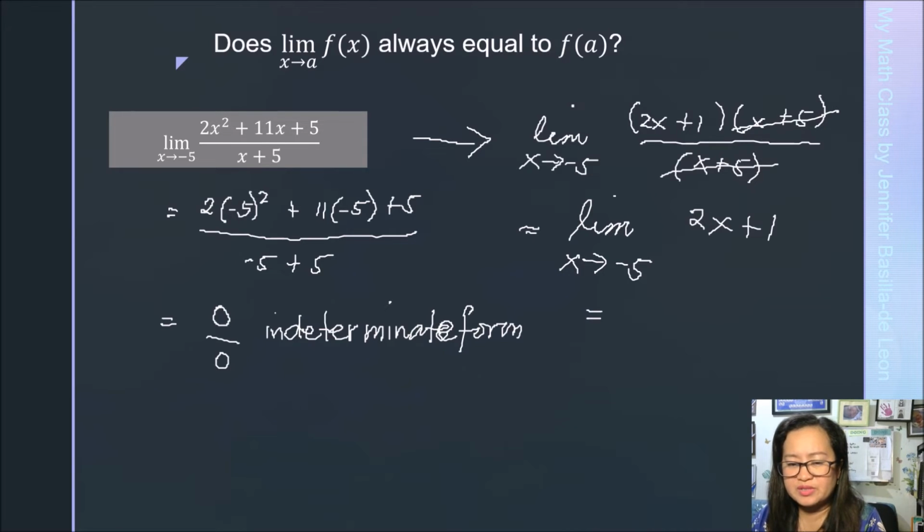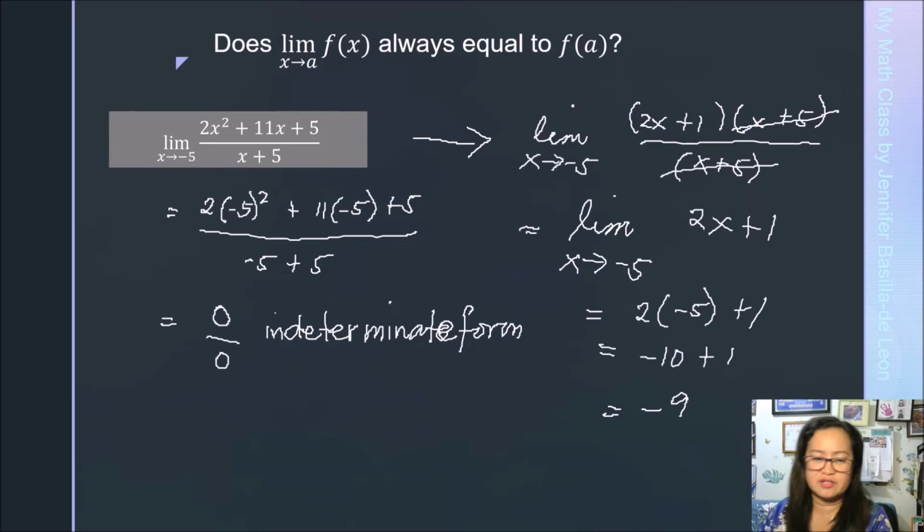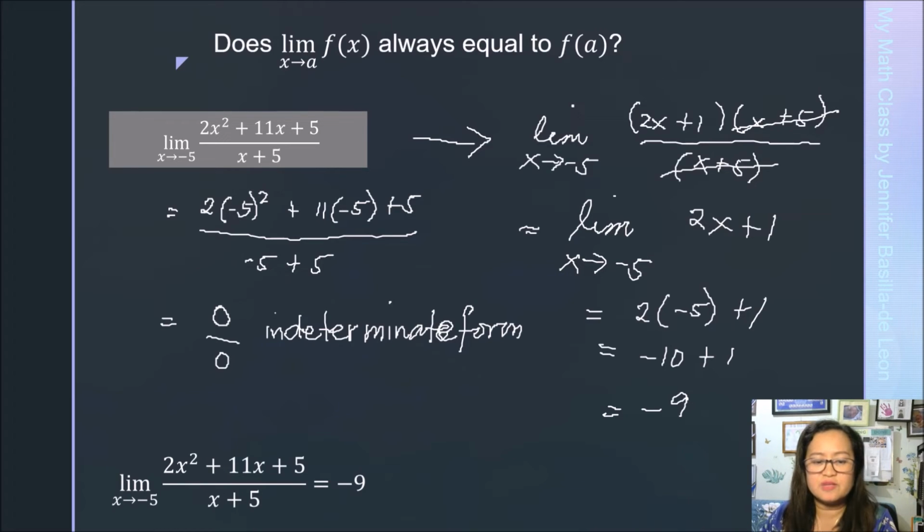Evaluating 2x plus 1 at x equals negative 5, we arrive at 2 times negative 5 plus 1, which is negative 10 plus 1, which is negative 9. So therefore, the limit of (2x squared plus 11x plus 5) over (x plus 5) as x approaches negative 5 is negative 9.